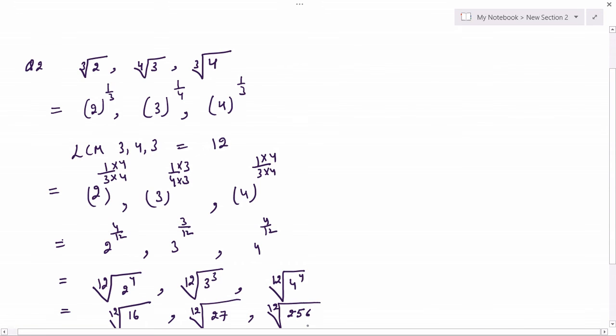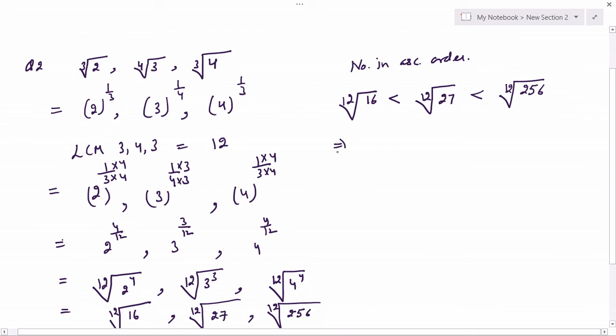Right, now these numbers are already in ascending order, so there is no need to change their order, because you can see from the numbers here that they are already in ascending order.